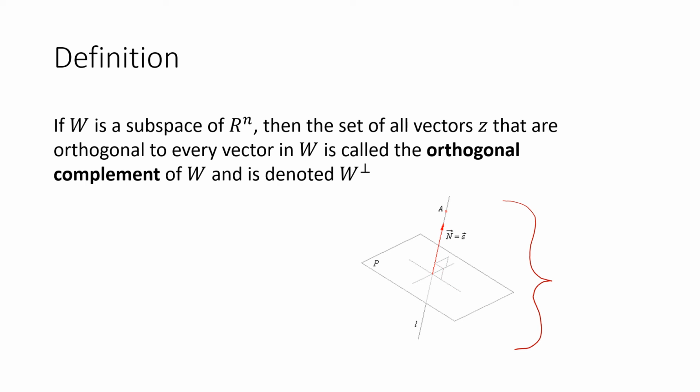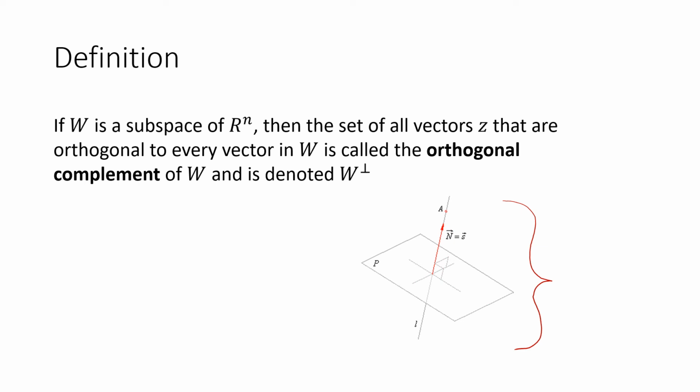If you have a subspace of Rn, so in R3, what's one of the subspaces? A plane. So a plane going through the origin is a subspace of R3. What is orthogonal to that? It's a line that's perpendicular to that plane that also goes through the origin. That is a subspace that is orthogonal to it.